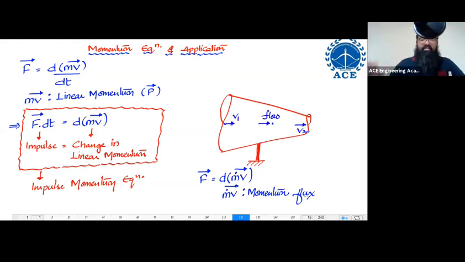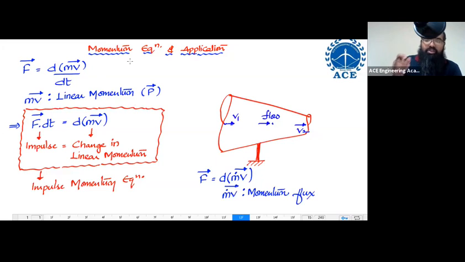Try to understand this again. In the case of solids, generally we take mass outside. We say dv by dt, so we get mass times acceleration. That was happening in the case of solids because mass was remaining constant for a particular body. But in the case of fluids, mass is continuously flowing.